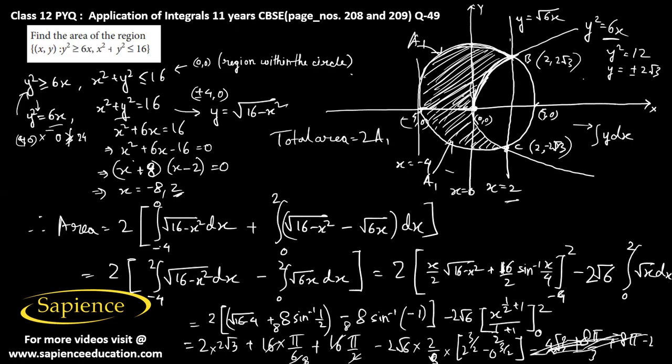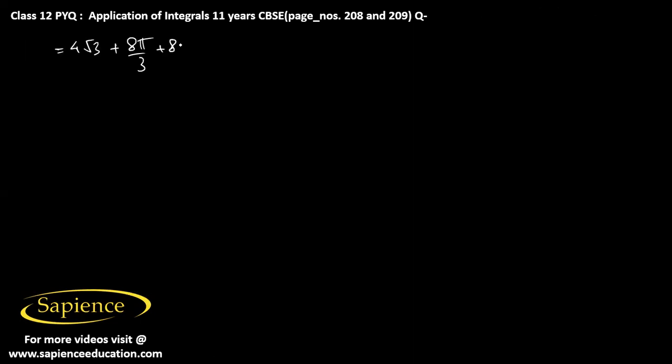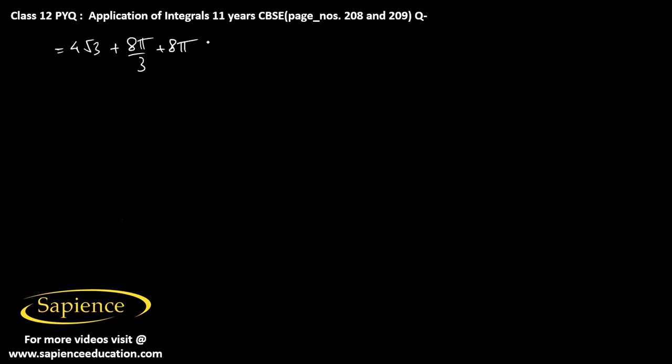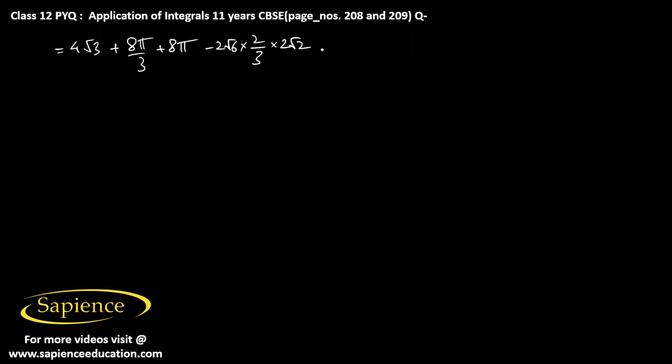So this is coming equal to 4 root 3 plus 8 pi by 3 plus 8 pi, then minus 2 root 6 times 2 by 3 times 2 power 3 by 2, so root 2 times cube, that is 2 root 2.